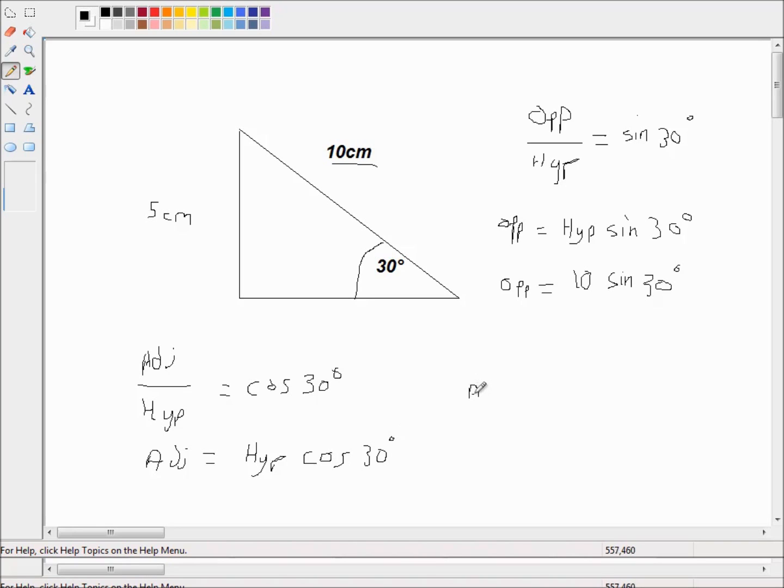So the adjacent is equal to the hypotenuse, which is 10 centimetres, so that's 10 times cosine of 30 degrees. And then it's just a case of getting out our scientific calculator.